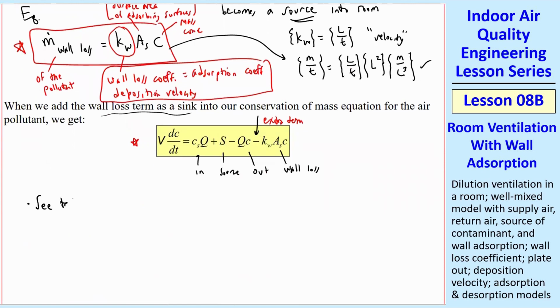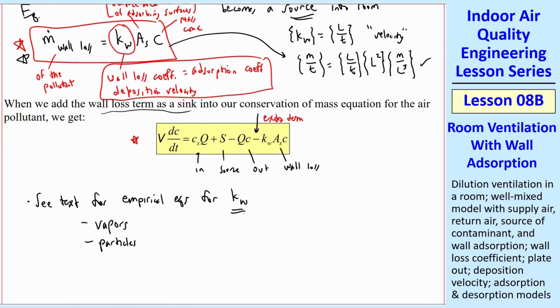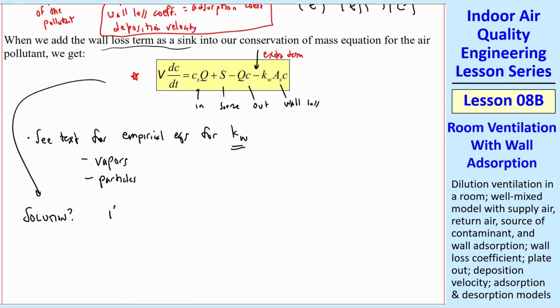You see the text for empirical equations for KW, this wall loss coefficient, and you have different equations for vapors and for particles. Now, we're not dealing with particles so much right now, we're dealing with vapors mostly. In this course, we'll either be given KW to solve a problem, or sometimes it'll be the parameter that you're solving for. The solution, well, this is a first order ODE.